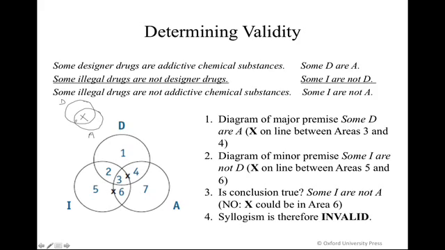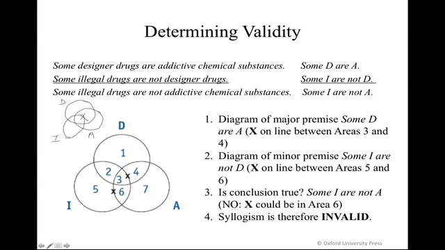Now we need to deal with the third class. Some illegal drugs are not designer drugs. So I'm bringing in the illegal drugs. Now it's kind of a weird circle I've just drawn. Notice that we've got the X on the line because we don't know if the designer drugs that are addictive are also illegal or not.